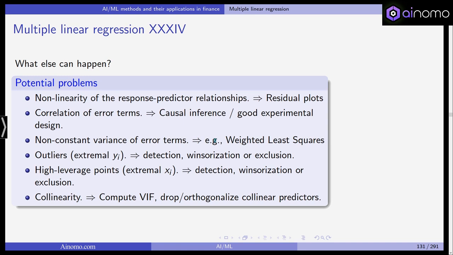The assumption in the OLS model is that the error terms are uncorrelated. If they are correlated, we have a problem. Our model assumptions are no longer true, and we can only use good causal inference and good experimental design, if we have experimental data, to counter this, because usually a correlation of error terms stems from the fact that we have omitted variable bias, we've missed out one important predictor, or we have reverse causality.